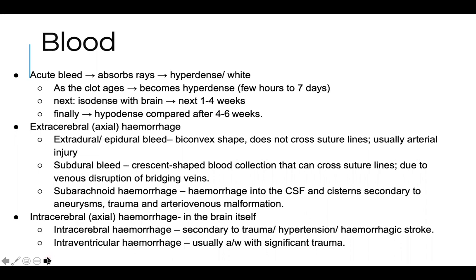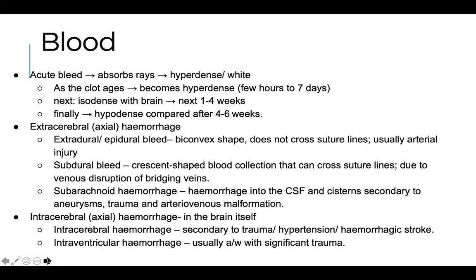And then within the next 1 to 4 weeks, the bleed transforms and looks quite similar to the brain, so that's why it's isodense with brain. And then finally, after there's more resolution of that bleed, it becomes hypodense, which means it becomes darker, and it generally takes about 4 to 6 weeks for this to happen.